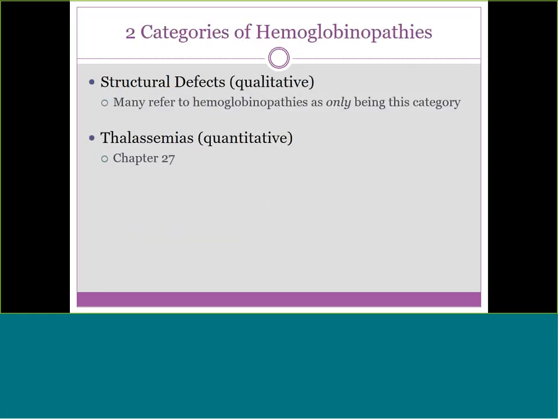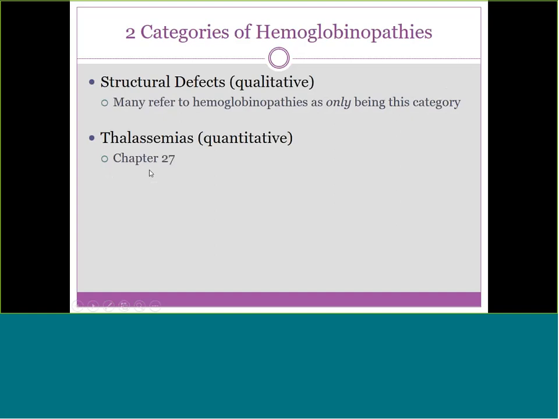So when we apply it to what we're going to discuss in this chapter's PowerPoint, we are going to go through the qualitative ones, the ones that are what we call structural defects, in which the amino acid sequence did get changed. The quantitative group is the thalassemia group, and that's going to be in the next chapter. It should actually be chapter 28 in the new edition, so you can ignore that it says chapter 27 there.